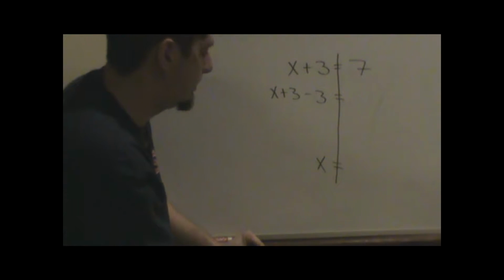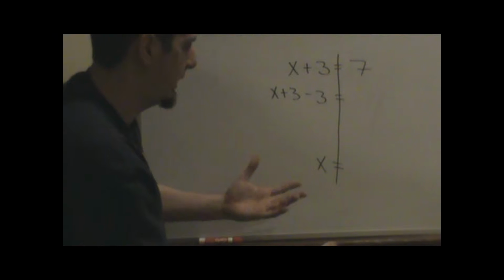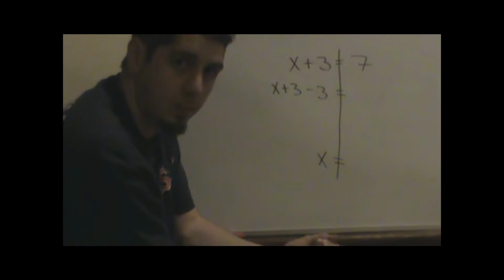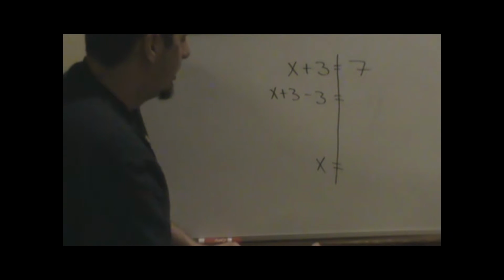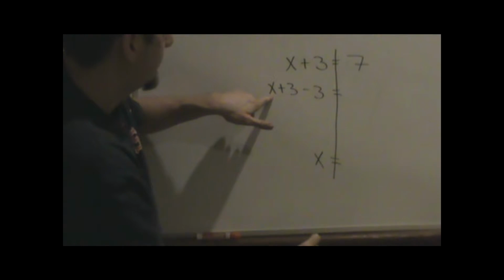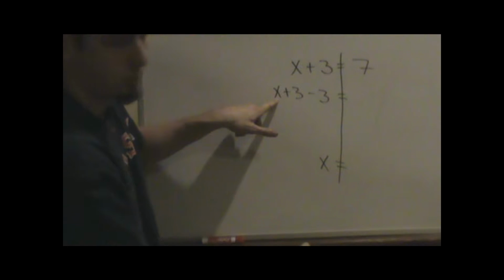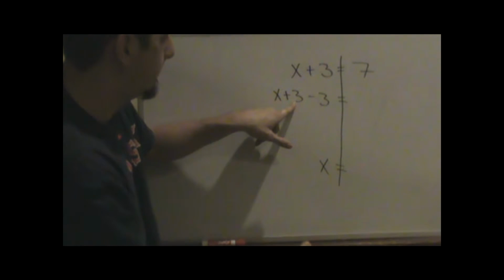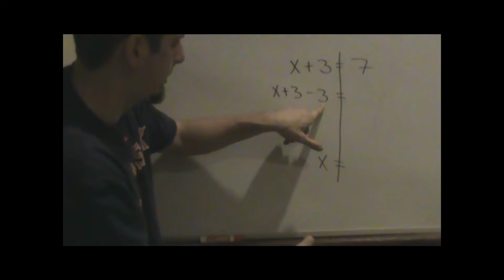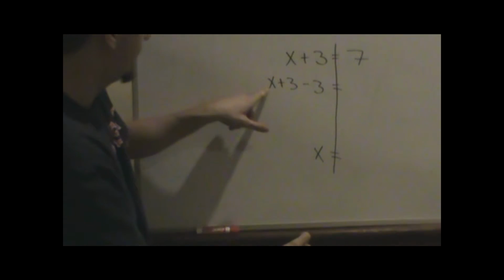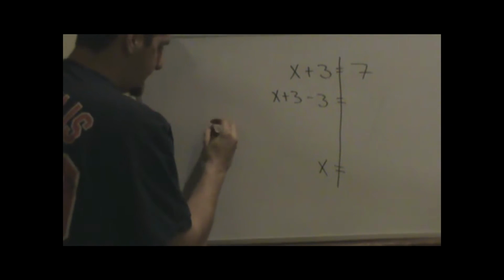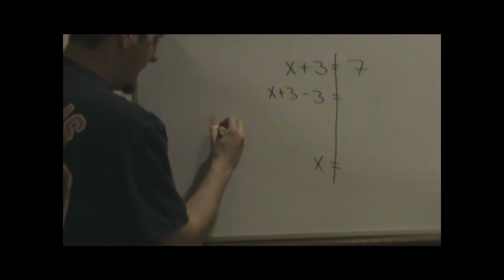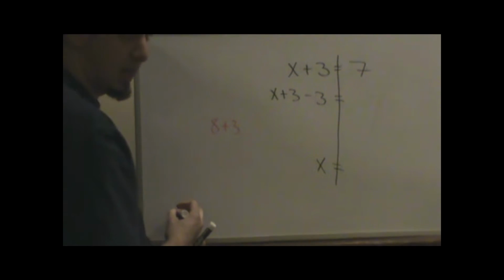And the reason I know this is going to work, there's two ways of looking at it. One, we know that naturally opposites cancel each other out. But two, if you start at any number in the world, add 3 to it, then subtract 3, you're going to end right back up at that number you started at. So for example, if I start at 8, and I add 3 to it, I'm at 11.